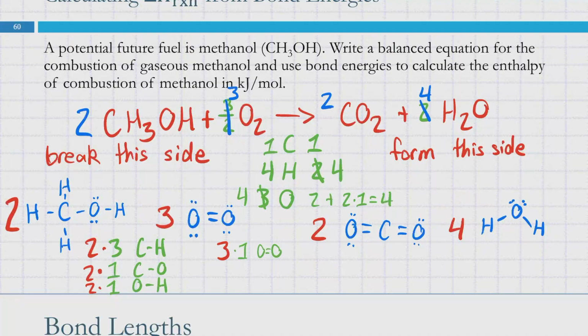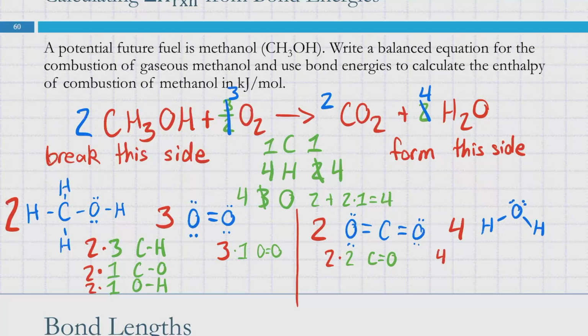Questions about any of that? If I had more space, I would have written more things out. I used a little more space than I did going through it last night. And then on the product side, we've got 2 times 2 carbon double bonded to oxygens.